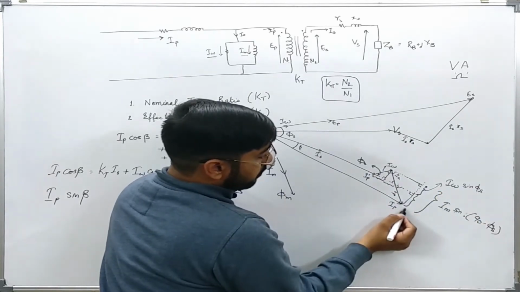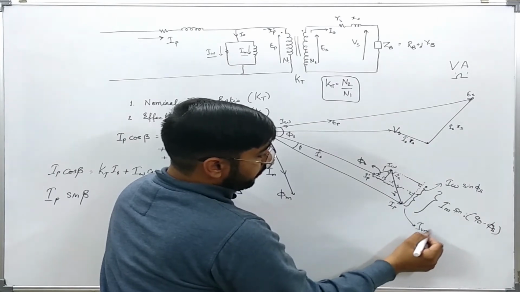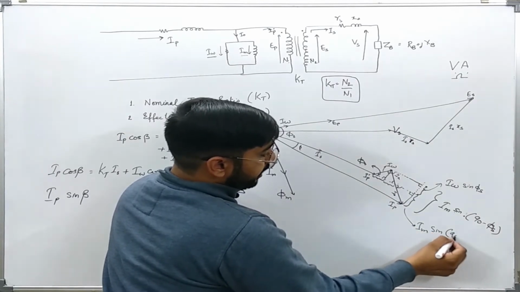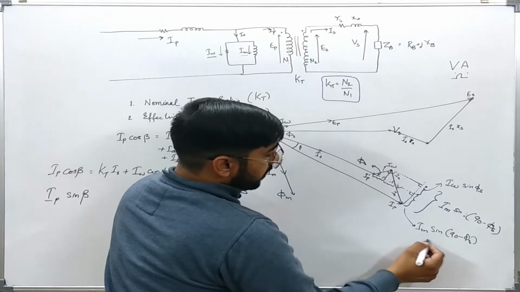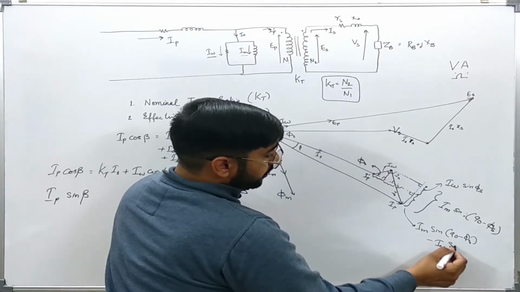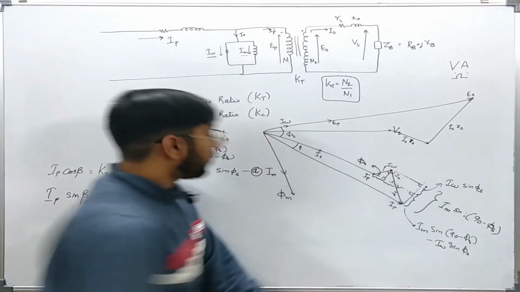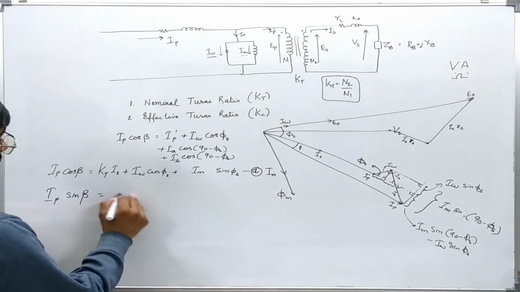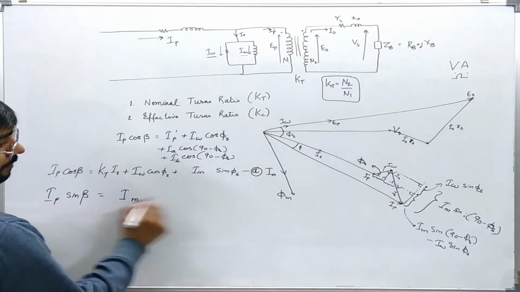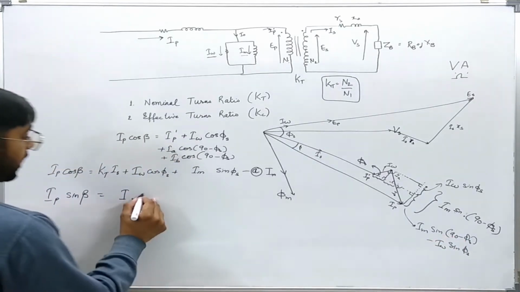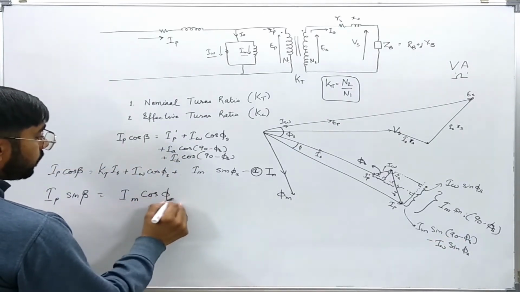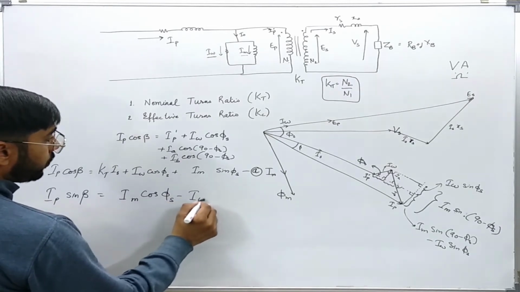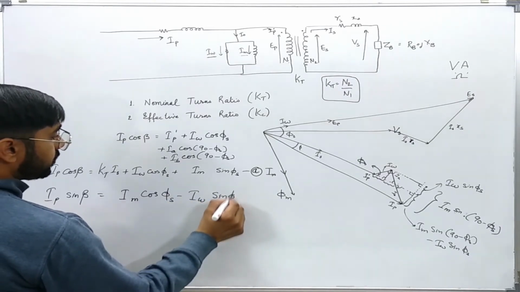So this thing is equal to IM sin 90 minus phi s minus IW sin phi s. So IP sin beta is equal to IM sin 90 minus phi s, which will be IM cos phi s, minus IW sin phi s.